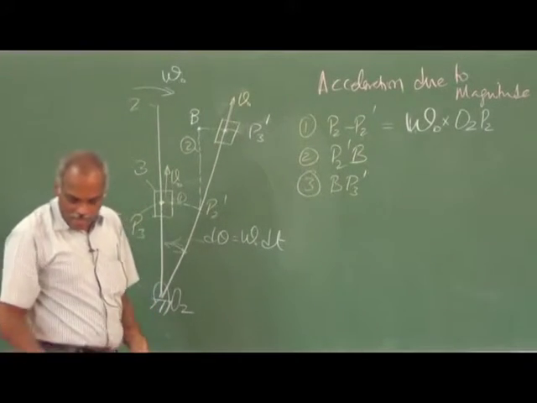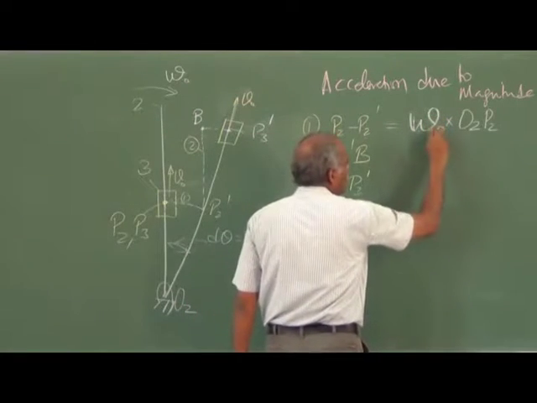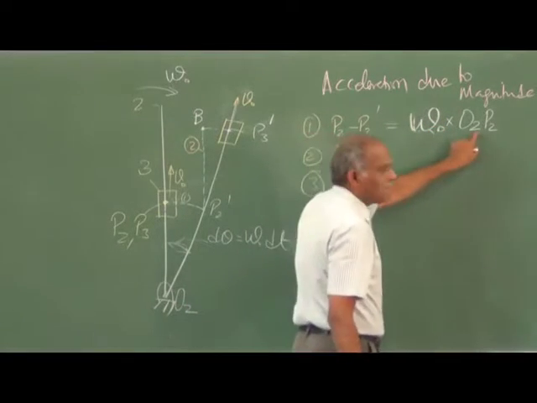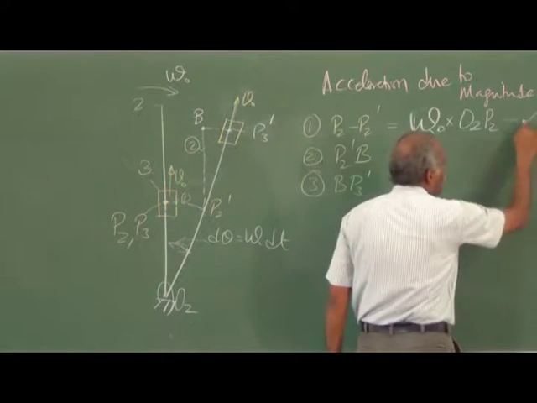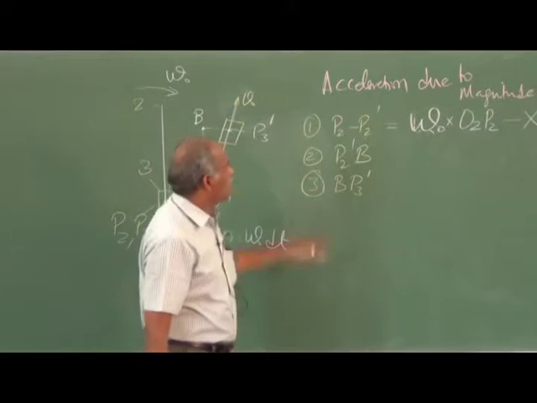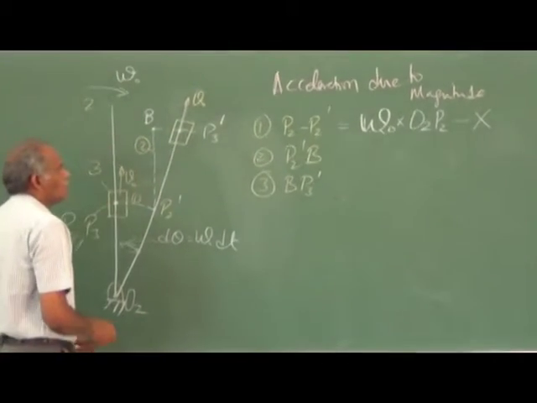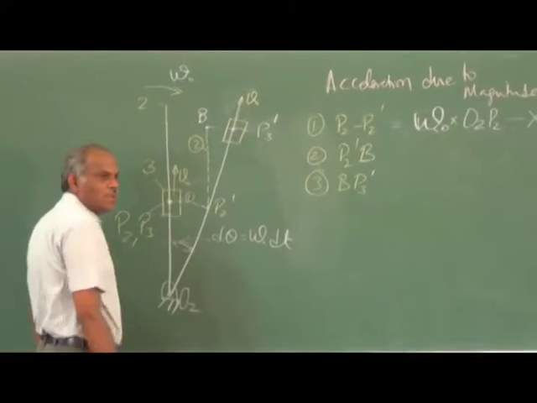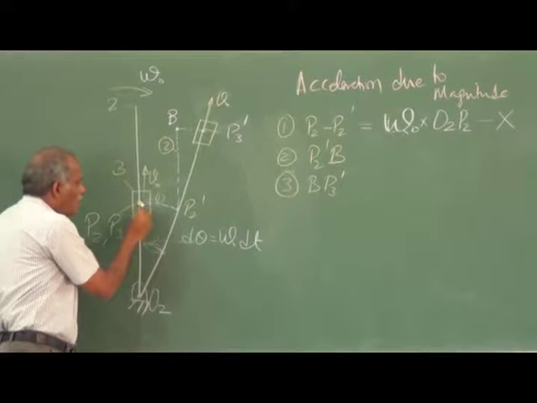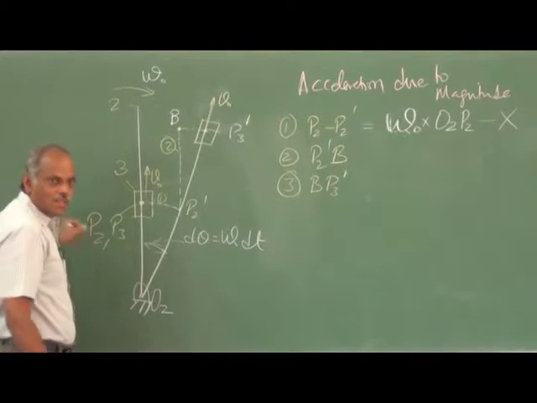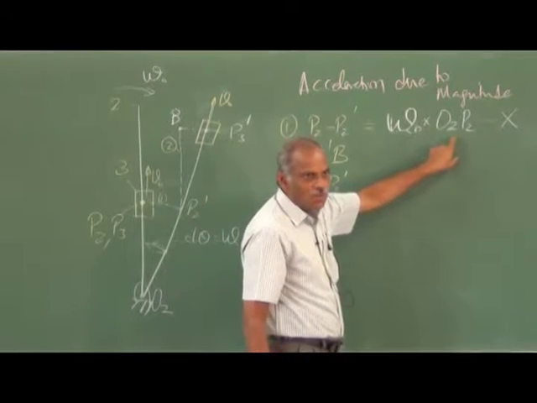Is there a change in the magnitude of this velocity? Because this is a constant and this is again a constant, both are constant, so we can say the acceleration due to magnitude doesn't exist. Looking at the acceleration due to magnitude alone, the velocity of P2 as the slider is moving is given in magnitude by omega 0 O2 P2.